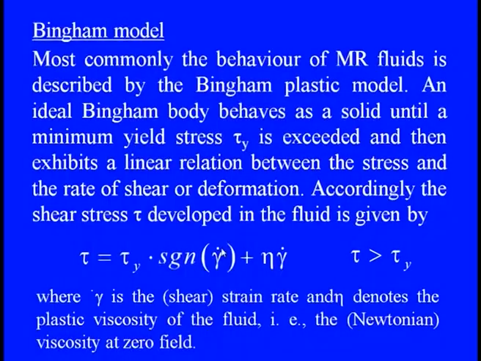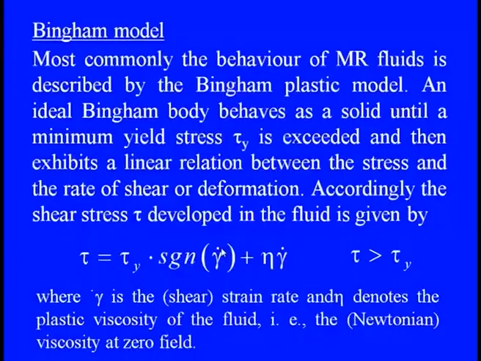So this is one of the relations for the Bingham part: even if we apply load up to a certain limit, before it reaches the yield point, it is absolutely solid, and nothing is happening in that. But after that there is a clear elastic behavior. So we can say it is something of a viscous and elastic part, almost similar to the viscoelastic feature of materials.